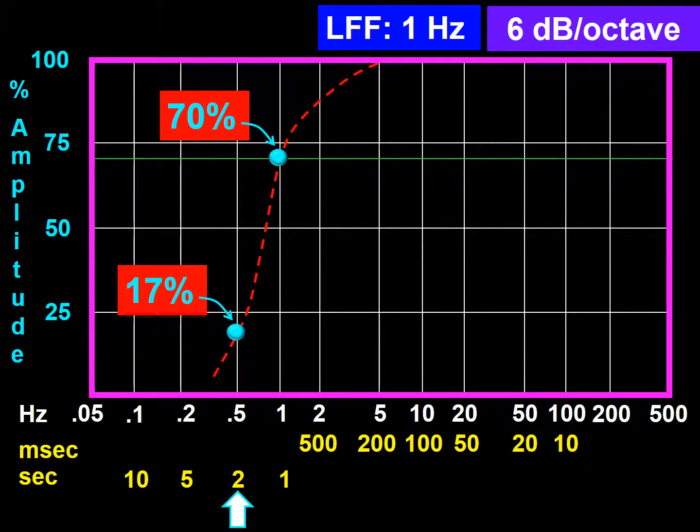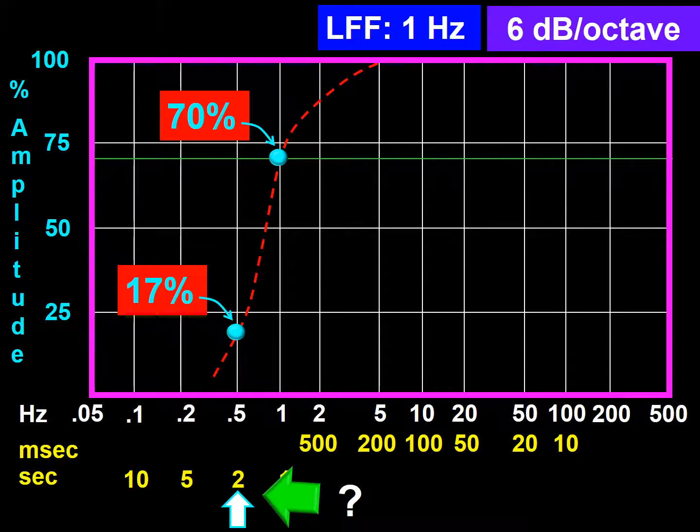In this frame, I have introduced a red dashed line. This line represents the imaginary slope resulting from using a low frequency filter of 1 Hz with a roll-off of 6 dB per octave.